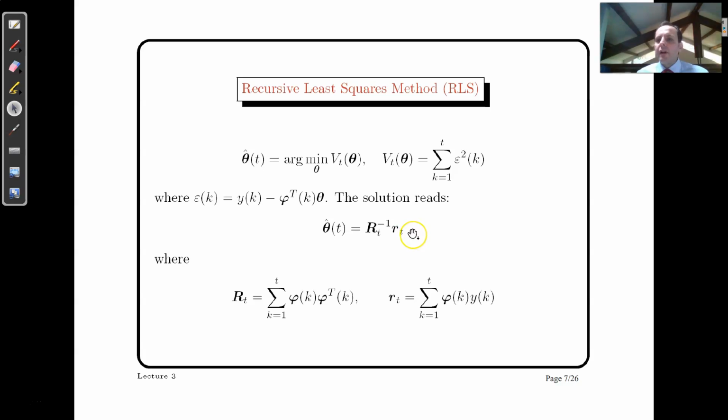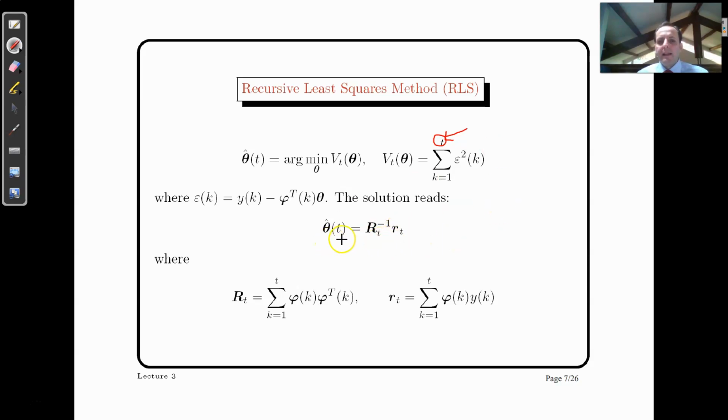Of course, if you think of a recursive implementation, recursive means that at every time instant you are acquiring data. That's why the solution now includes the subscript t, because the cost function is modified over time: t is increasing, and at every time instant you are introducing new data.